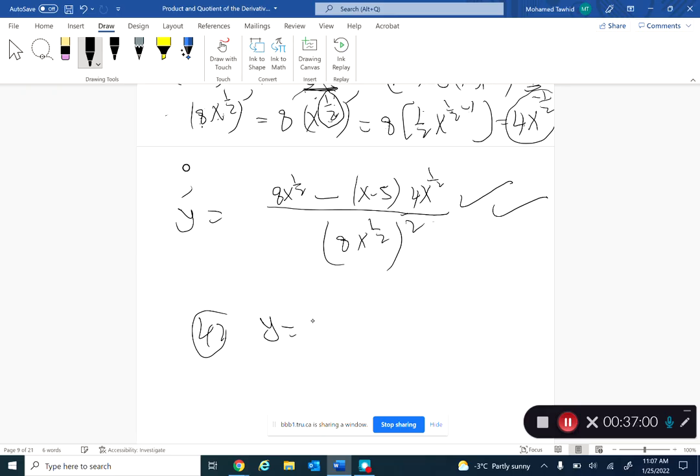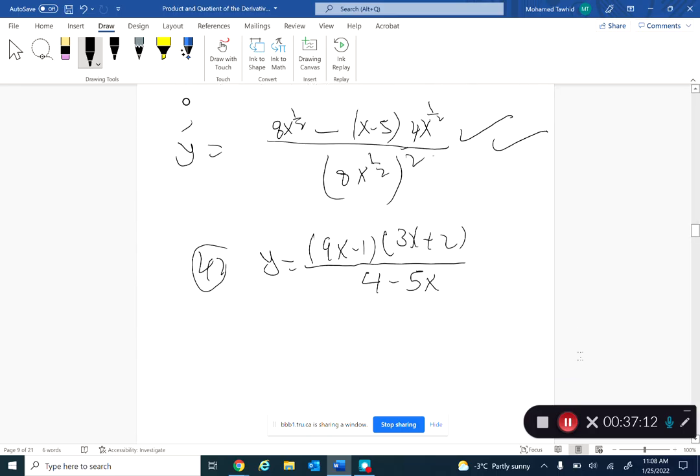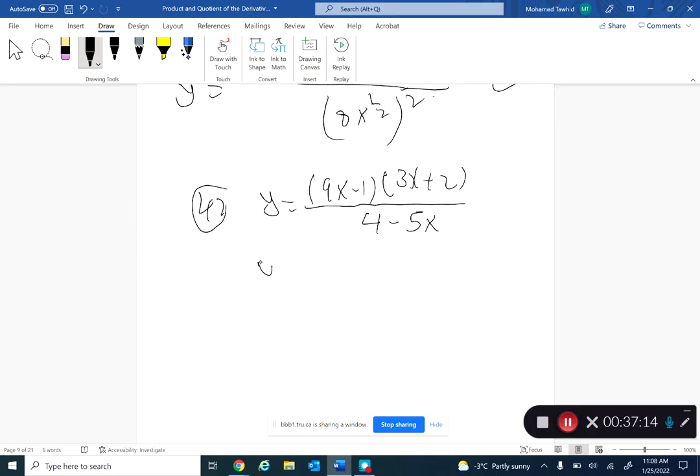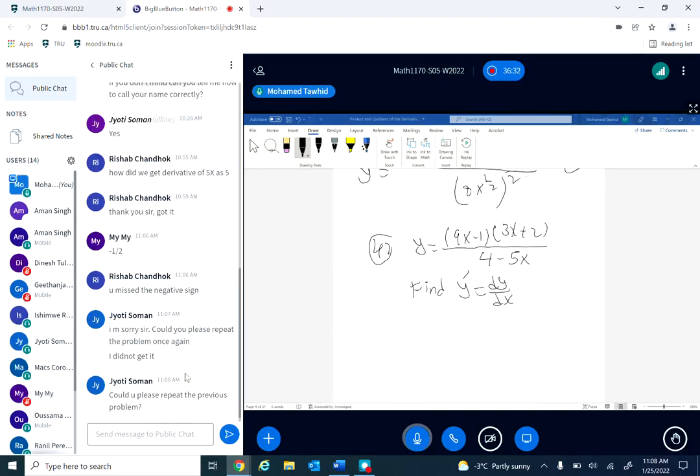You have y equal 9x minus 1 and 3x plus 2, the whole thing divided by 4 minus 5x. All right? So that is y prime. What is the question? Find y prime. Or sometimes we write find dy by dx. Find dy by dx. Okay? So now, just let me give you a hint here.